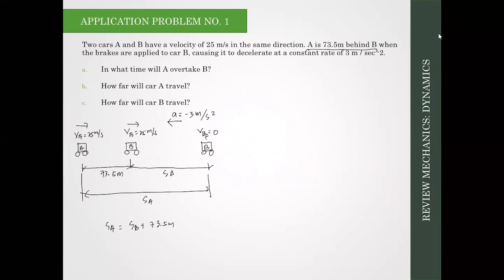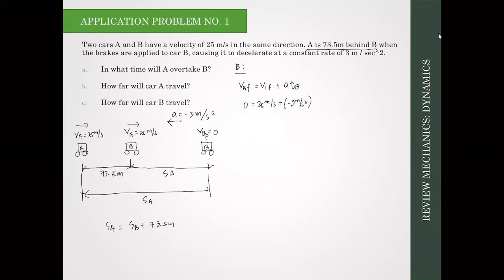Ito kay B. Lagay ko lang dito. From this, VBF, o yung final velocity ni B, equals VBI plus A TB. So, yan yung first formula natin. Substitute natin: this will be 0 equals 25 meters per second, plus acceleration natin is negative 3 meters per second squared.